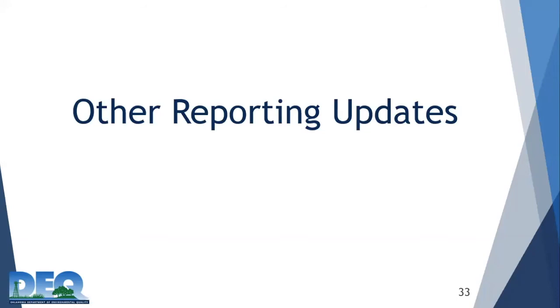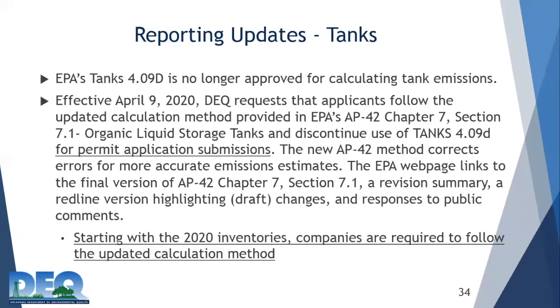So some other reporting updates I want to go over. One is tanks. EPA's TANKS 4.09D, their tanks software that's free on their website, is no longer approved for calculating tank emissions. EPA has decided they're not going to update it, even though they updated some of the inputs in the AP-42 document.